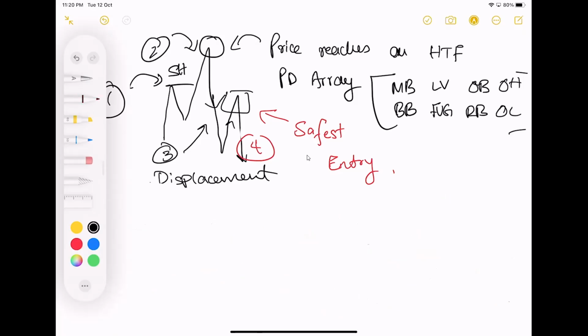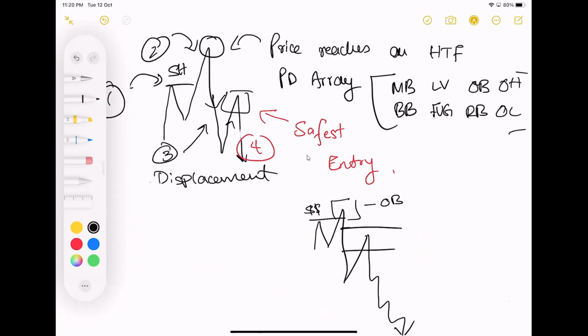you have 1, 2, 3 up, and then you see price go boom, down. So what do you have? Stop hunt. Let's say this goes into a bearish PDRA, so say a bearish order block. Here's your engineered liquidity. Here's your fair value gap here, and you enter over here and price goes down.